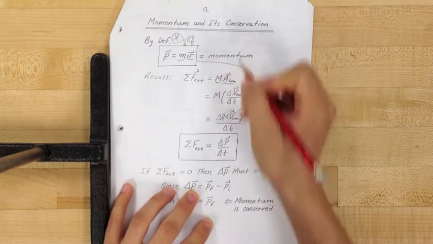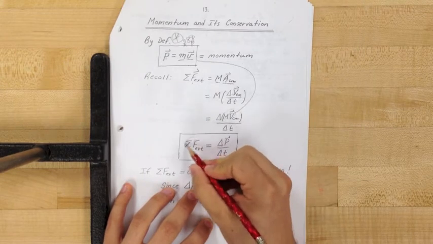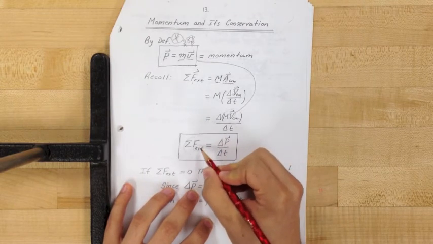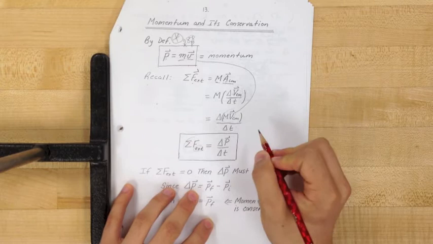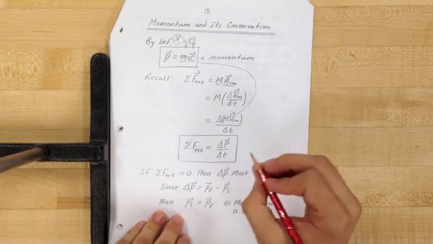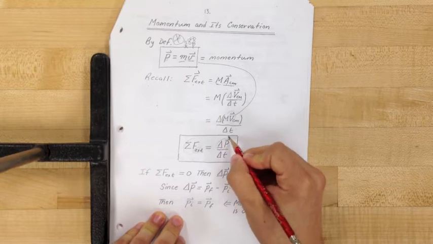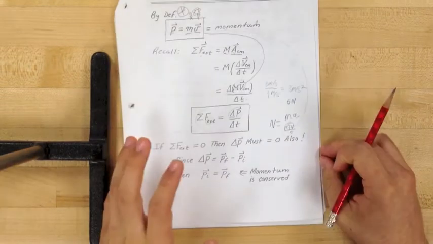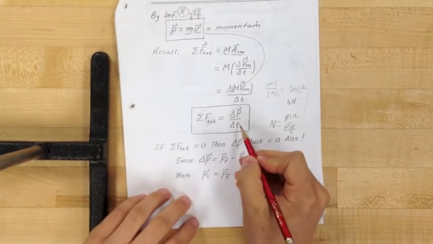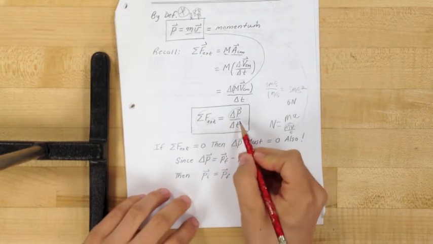Therefore, your sum of all external forces, remember this is only external because internal, as you will learn later, is conservation of momentum, is equal to your difference in momentum divided by your difference in time. So, remember, if you have delta t on the bottom, it can't equal 0.